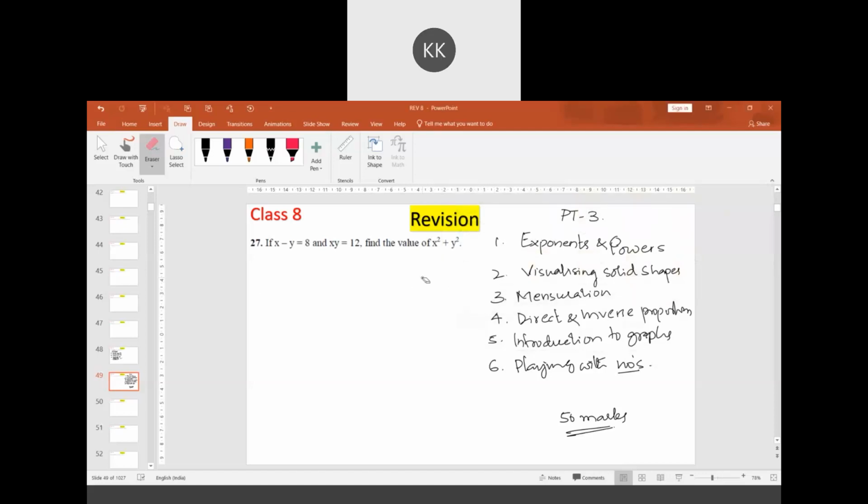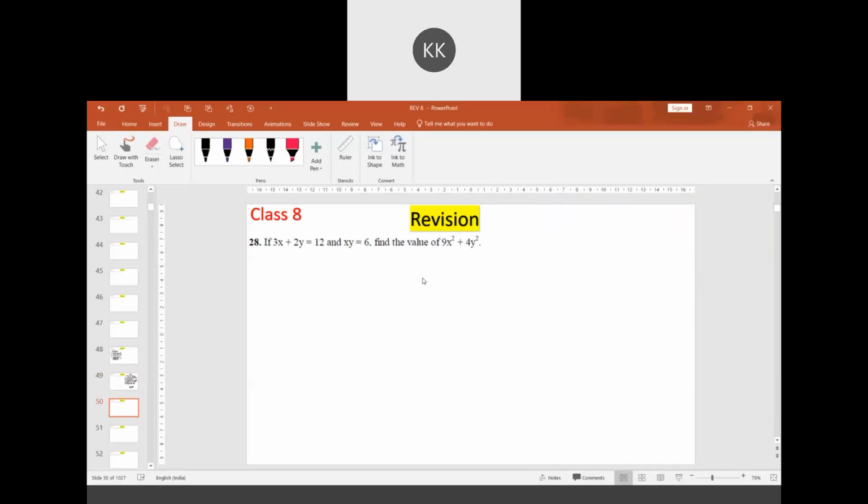Now we'll move on with these questions. Here, this is a little different, but the concept is same. The question here is to find the value of 9x square plus 4y square.